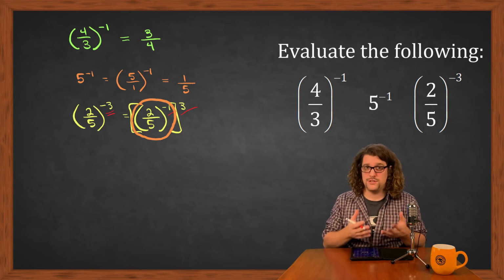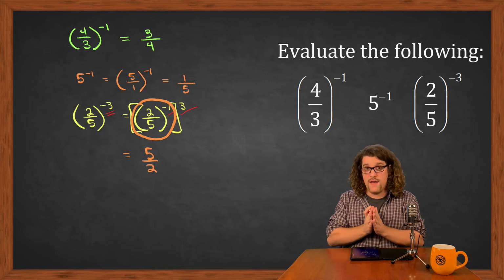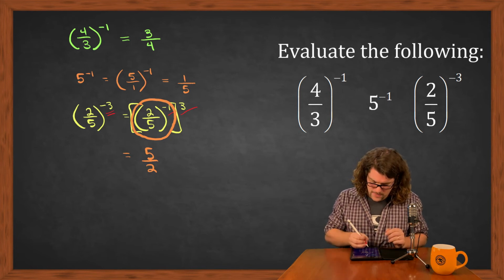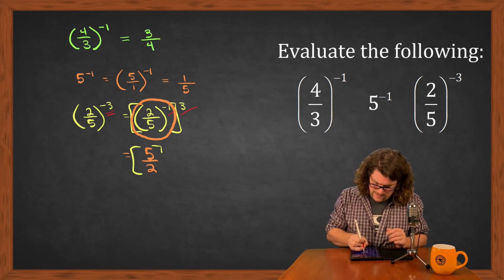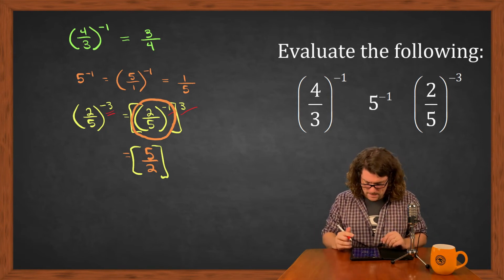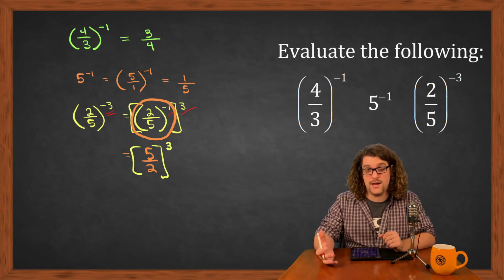In this case, 2/5 flips to give us 5 over 2. So my orange part of this expression becomes 5 over 2. I have actually used the -1 exponent, so that no longer gets written in. This is still inside of, last time I used kind of a square bracket there, so I'll keep it the same way. So we have a square bracket with the power of 3 kicking around the outside.